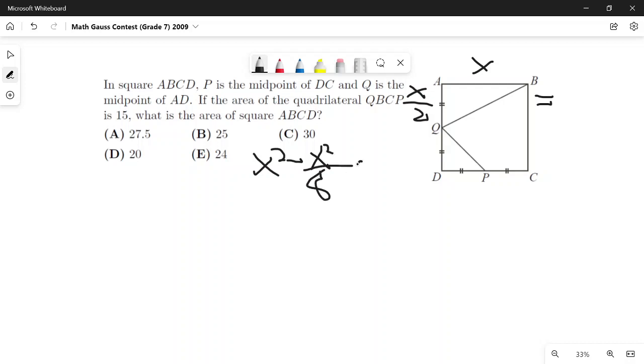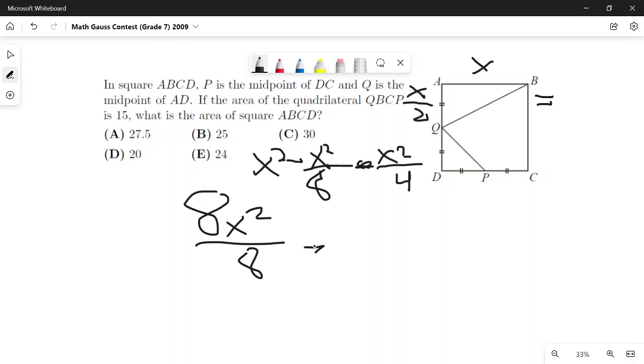We subtract the x squared minus x squared over 4 for this one. So we have to multiply the denominator by 8. We get 8x squared over 8 minus x squared over 8 subtracted by, multiply this by 2, 2x squared over 8.